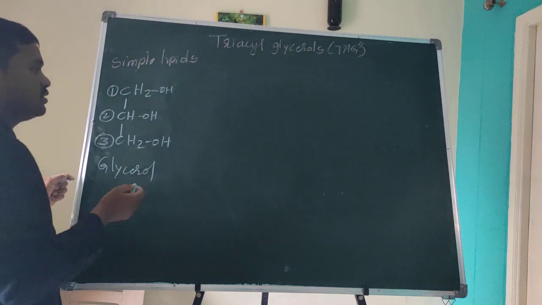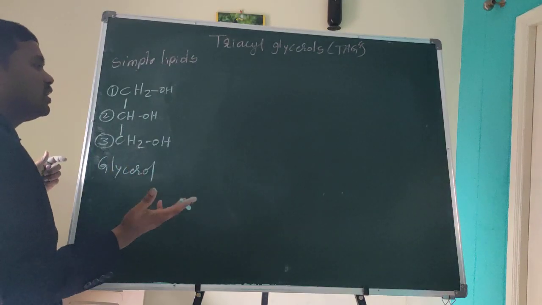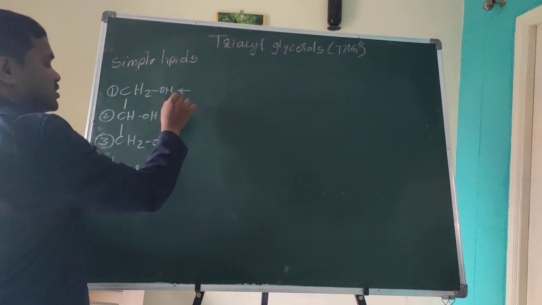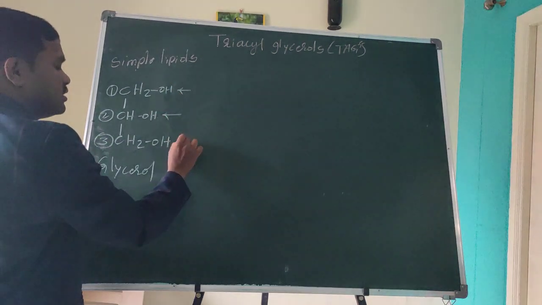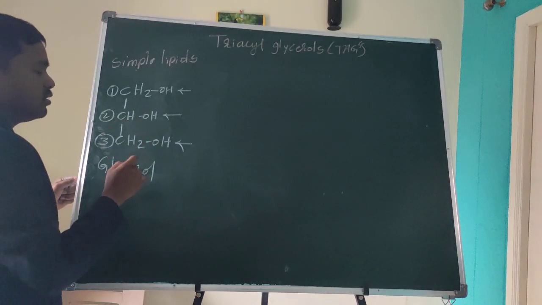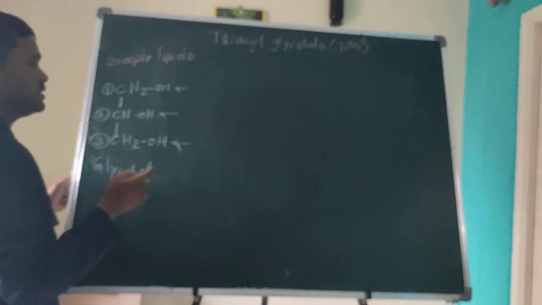These fatty acids may be different types. If only one fatty acid is accommodated at all three positions, it is called homotri fatty acid.